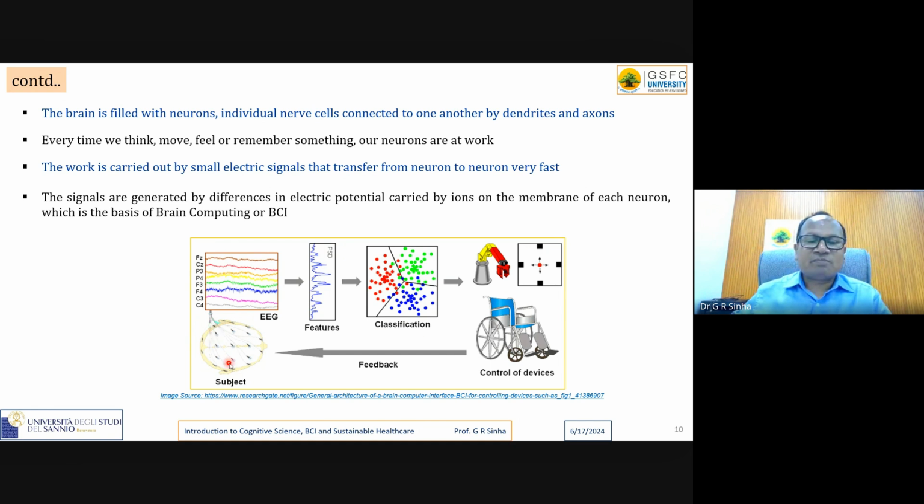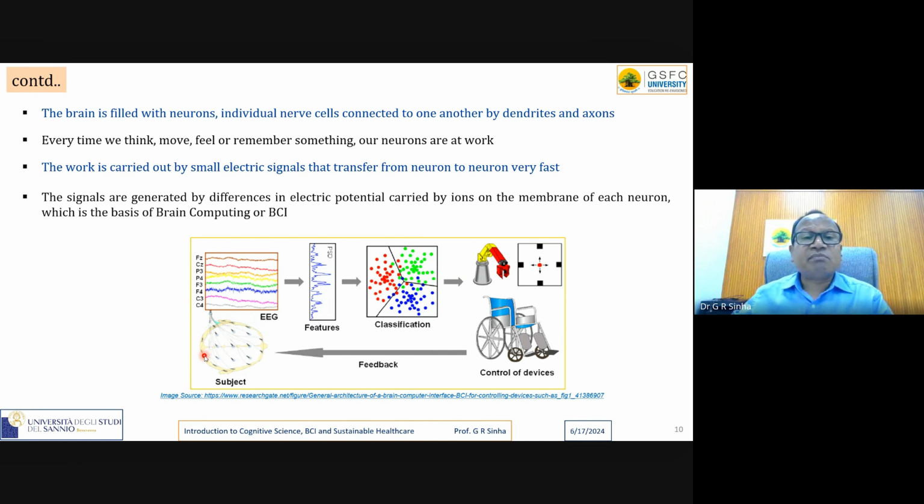Because you are capturing the brain signal, generating the command, and some command is also going back to the brain, and this is why this closed loop is called a brain computer interface. However, a brain computer interface does not necessarily have to have a closed loop. It may have an open loop also. The feedback signal can be given back to the human brain wherever required.